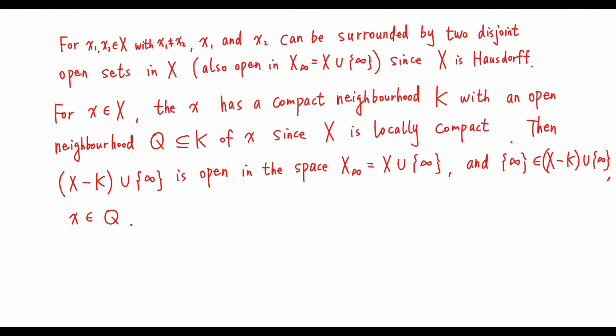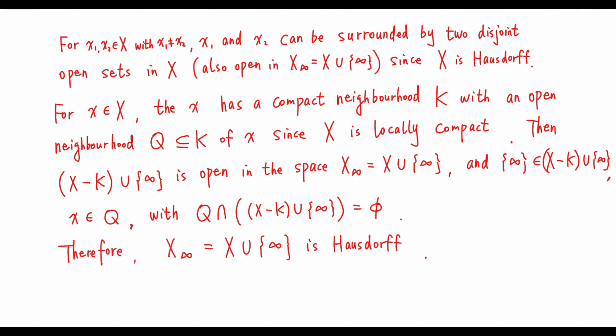The point x is in the open set Q. And those two open sets are disjoint. We thus conclude the space X infinity is Hausdorff.